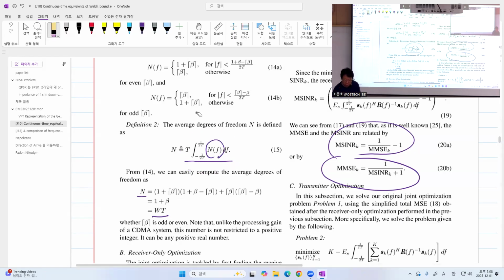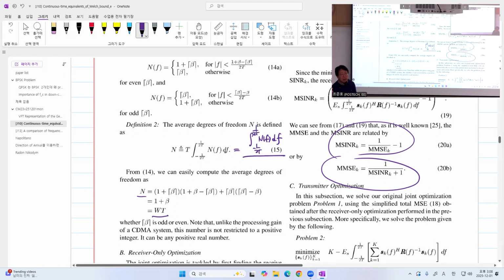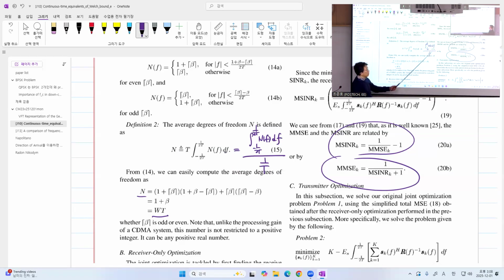So it may look strange, but see that? This is actually N of F, df, integrated. And what is the entire length of interval? 1 over t. So this is the degree of freedom summed over, and this is kind of all the frequency intervals number, even though it's a length. So on average, this is n, and we can show that it's same as Wt.